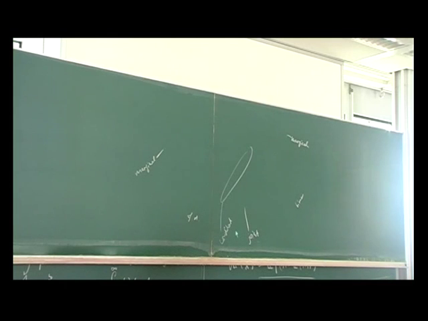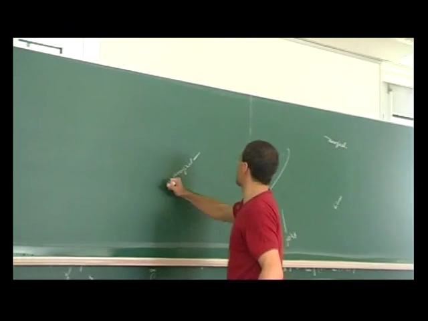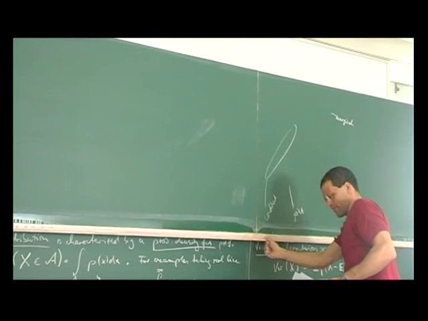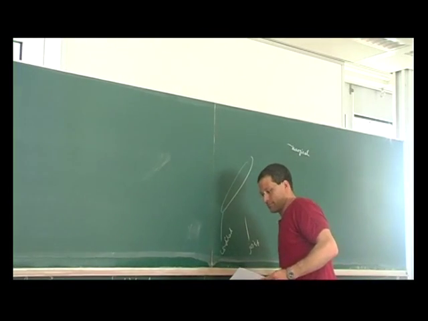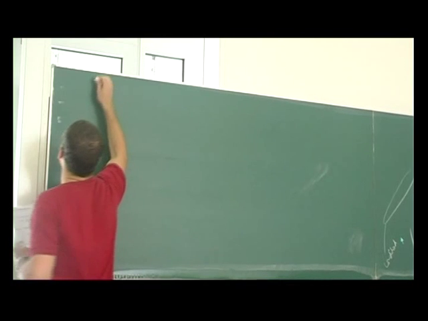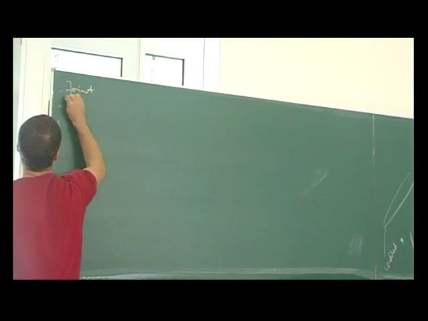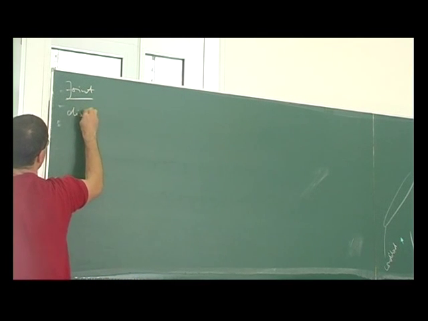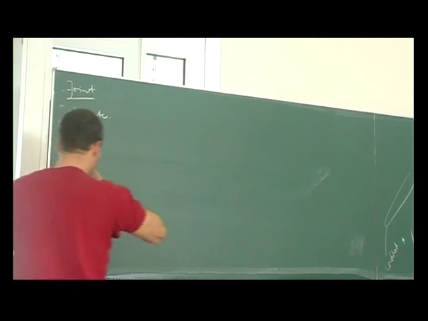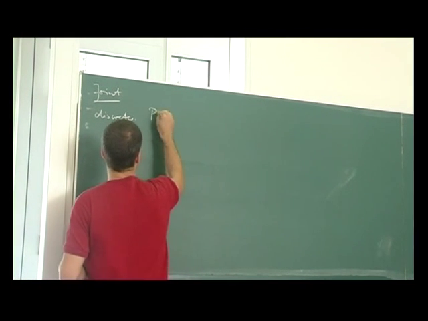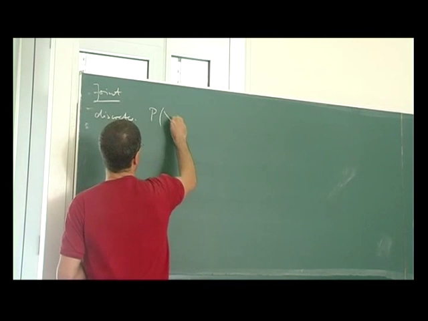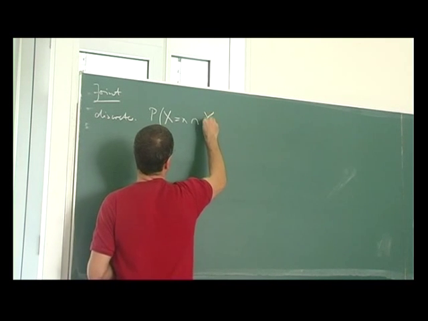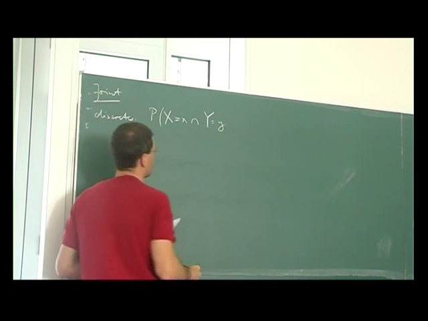Okay, now the same in formula. The joint distribution can be defined in the discrete and the continuous case as follows. In the discrete case, we ask for the probability that the random variable x has realization x and random variable y has realization y.